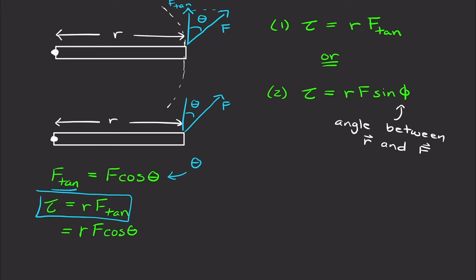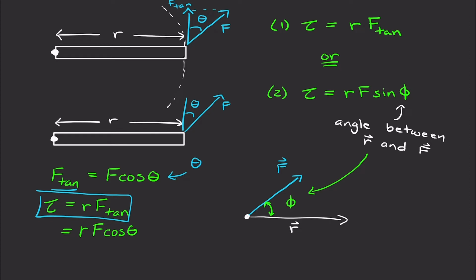If you want to find phi, then you start by drawing your vector r. r points from the axis of rotation, and it's pointing to the right. Then you go back to that point where you started drawing r, and you draw your force vector. Now this angle between r and F, this is your angle phi.